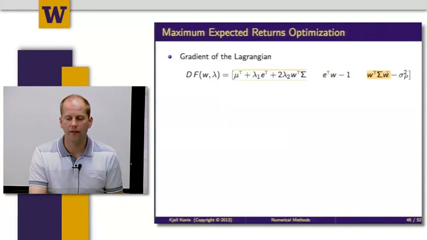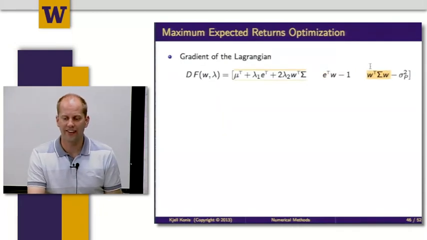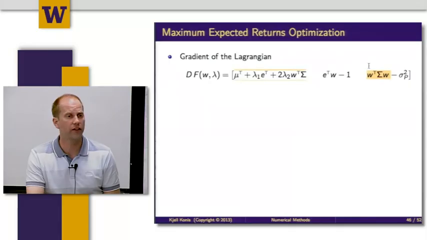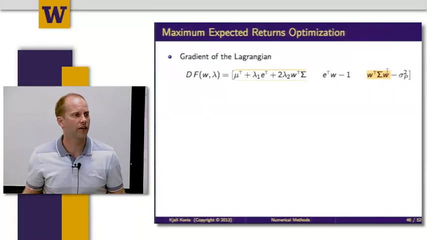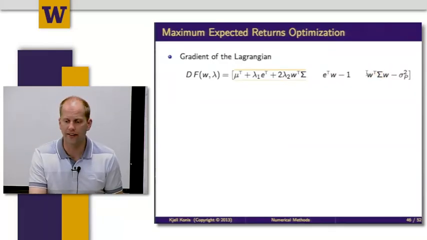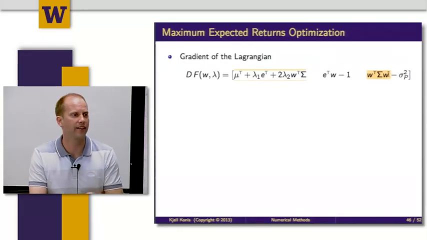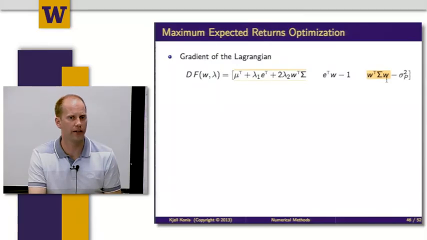And then W transpose sigma W. This is a bit tricky, but W transpose is 1 by n, sigma is n by n, and W is n by 1. It's always the outer dimensions that determine the dimension of the product. So this starts with a 1, and this last W ends with a 1. So this quantity that I have highlighted is a 1 by 1 quantity, just a scalar value.